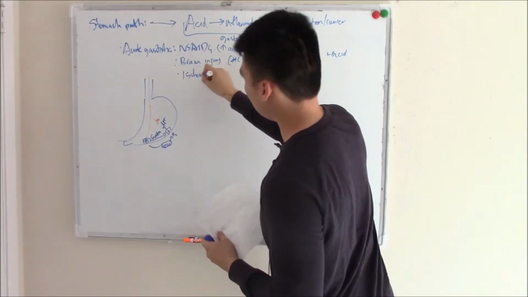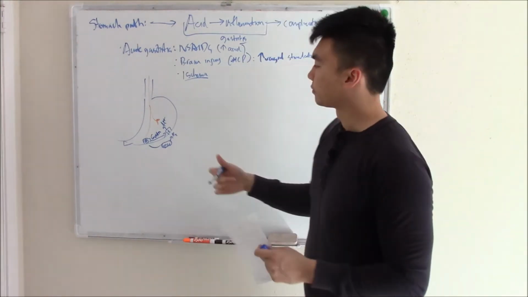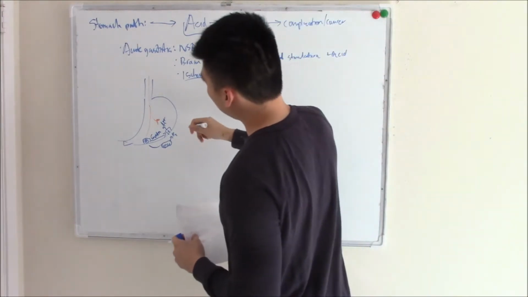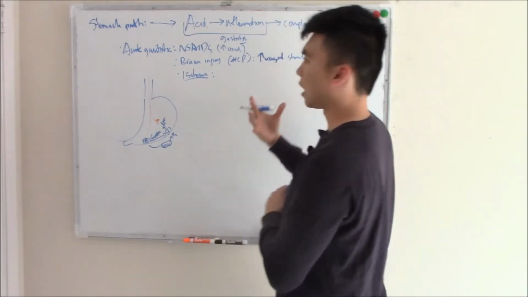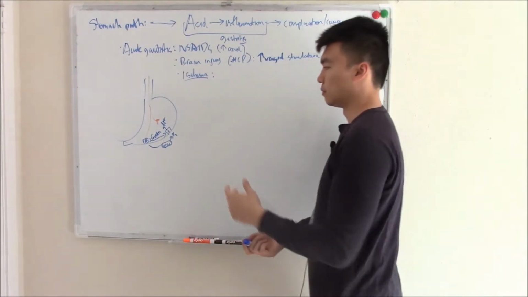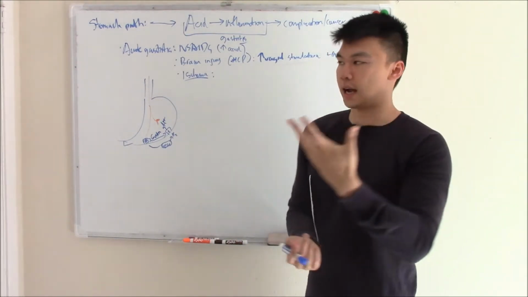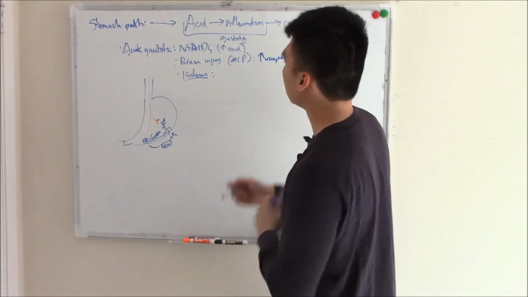Another thing, you can have gastritis if you have ischemia. If you go into hypovolemic shock, you get ischemia, then the cells of your stomach will start to die. And a lot of times, it's not specific, you can have your parietal cells dying, but most of the time you can have your top layer, your protective mucosal cells die, and you get gastritis.